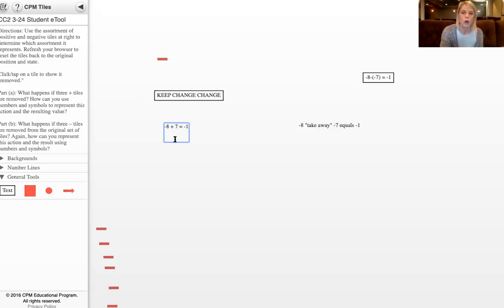But you can show, to make sure you're right, the keep, change method on the side to show for yourself at least that it does equal -1. It makes sense. If you do keep, change, it's sort of like what we do for fractions. You could check division by changing it to multiplication. Well, you could check subtraction by changing it to addition, as long as you do it in that way.